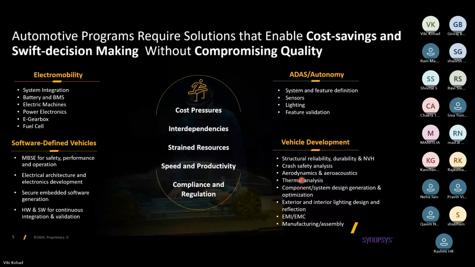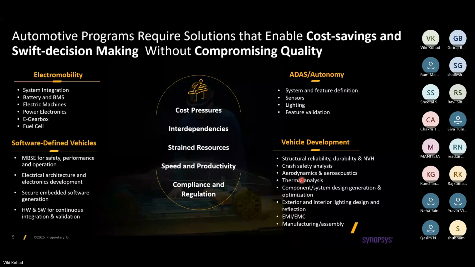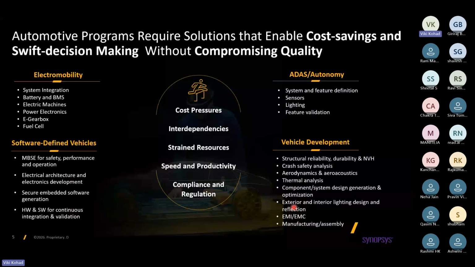The lesser the drag coefficient, the more efficient the vehicle is, since less force is required to push the vehicle forward. Then thermal analysis, optimization, and the exterior as well as interior lighting design and reflections. The lighting phenomenon is also important. And whenever the communication part is there, EMI EMC also comes into the picture.